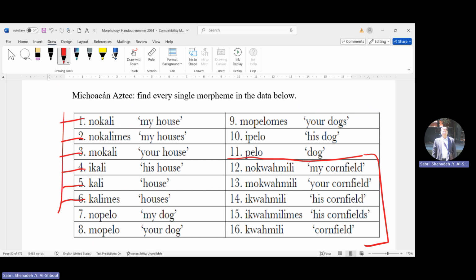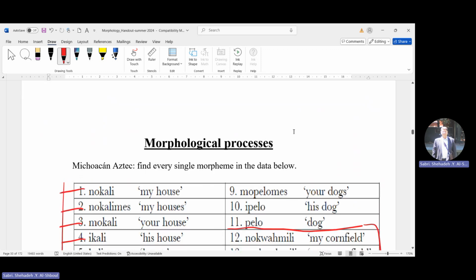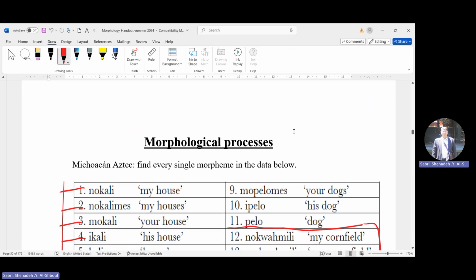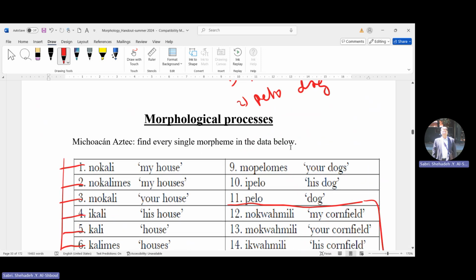Now we notice that here we have three stems, right? The first stem is Kali, which means house. Number two is Pilo, which is dog, and we have Kwahmili, which is cornfield.